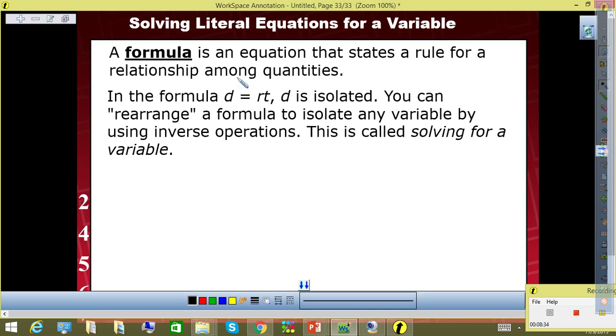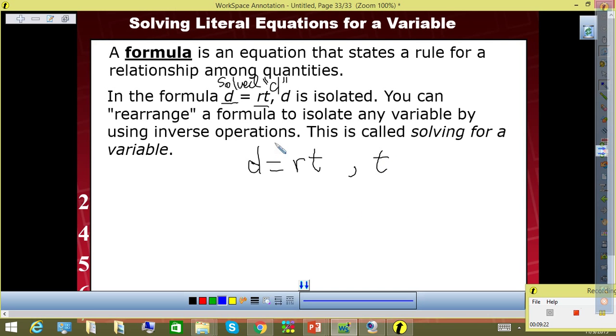Now, check this out. At this moment, this formula right here is solved for the letter D. Notice that the D is by itself, and it's equal to these. Therefore, it's already solved. But what if I said D equals rate times time, and I wanted you to solve for the letter T?